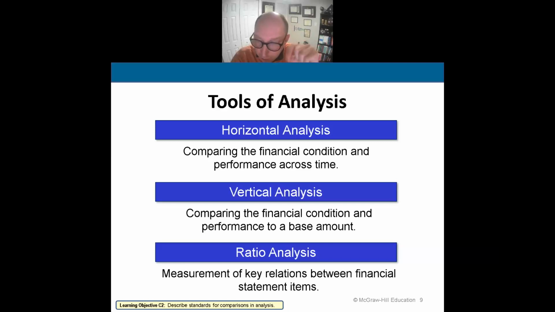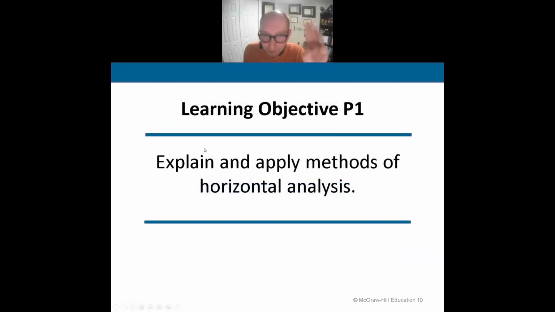And I can take those ratios and compare them, benchmark them to the industry standards and competitors, etc. Those are the three primary tools that we use to analyze the financial performance of a company.